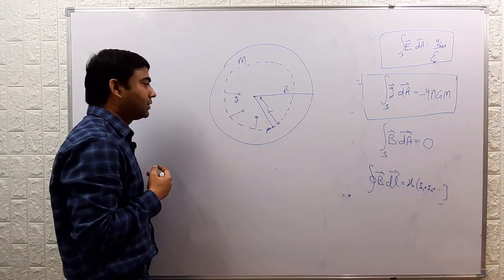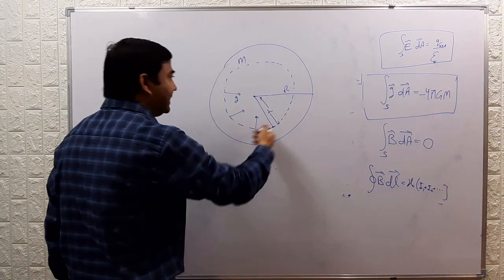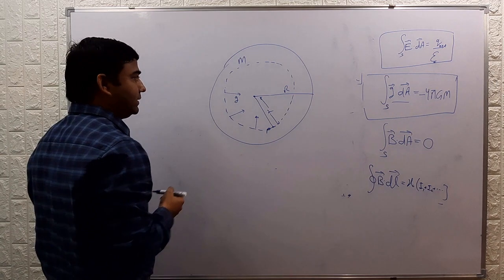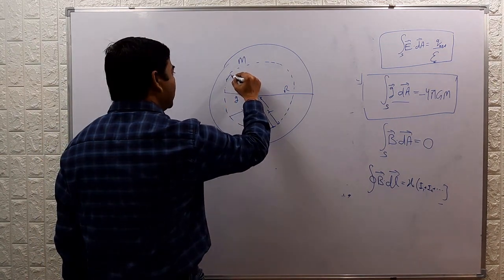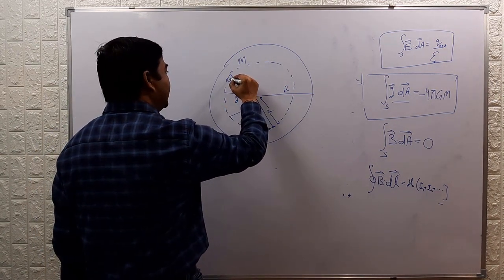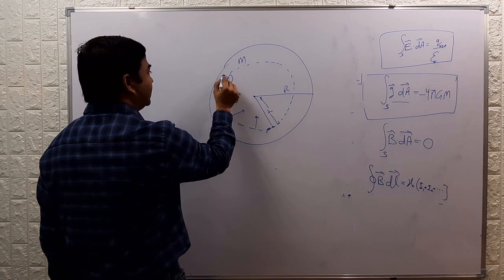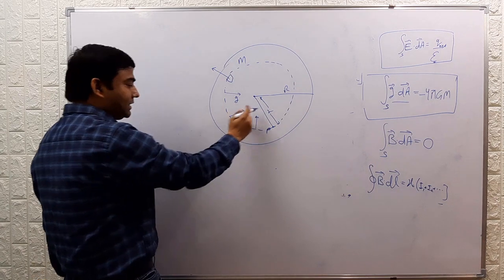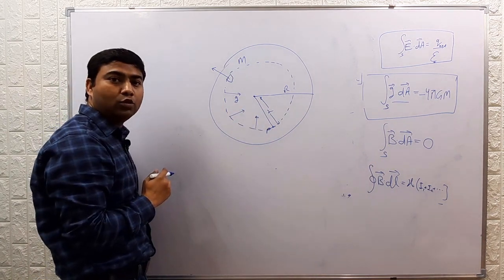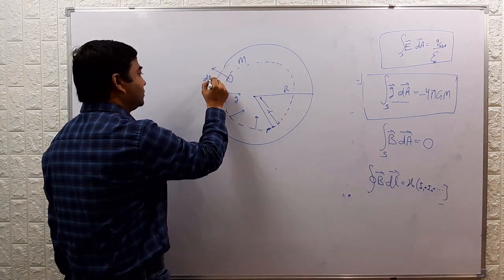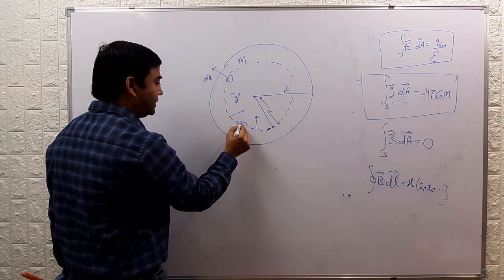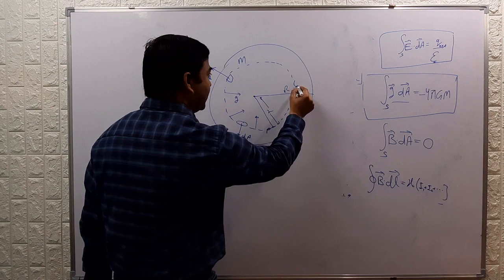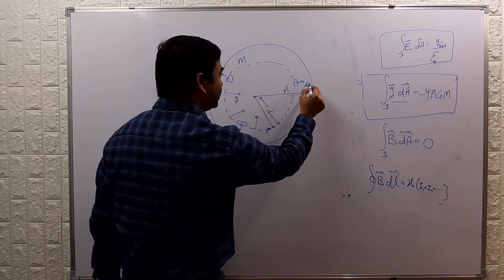So we will find the flux, G dot dA, for all points on this spherical Gaussian surface. dA is outward, that is, the area vector is always outward from the closed surface. So this is dA, for this part this is dA, for this part this is dA.